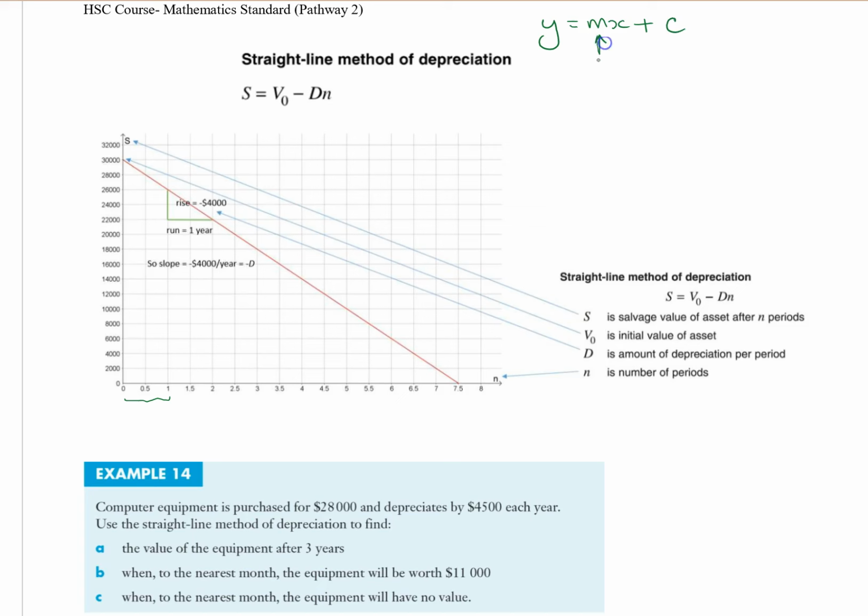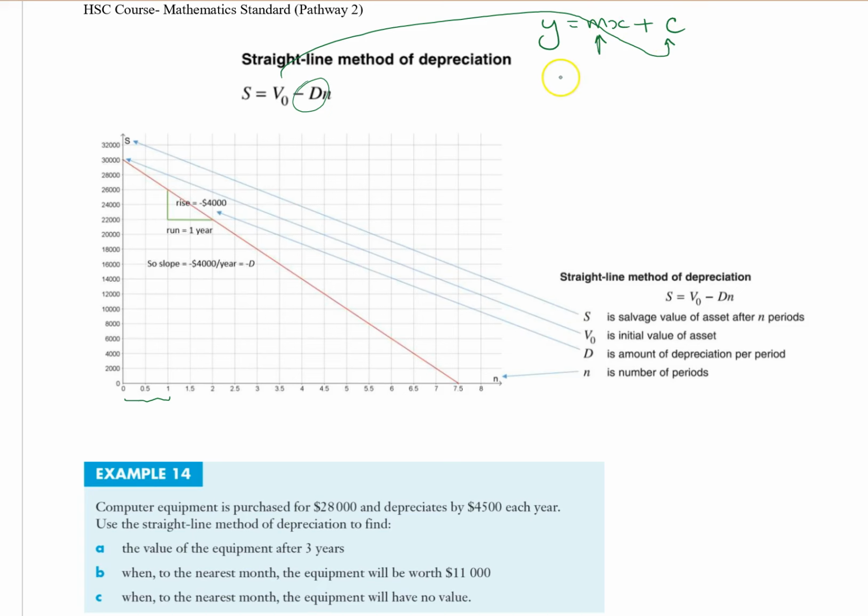M is the gradient or the slope. We can see that our line has to have a negative slope. So that is actually this component, this negative d, is our gradient. Our c, or where the line cuts the y-axis, is our V0.